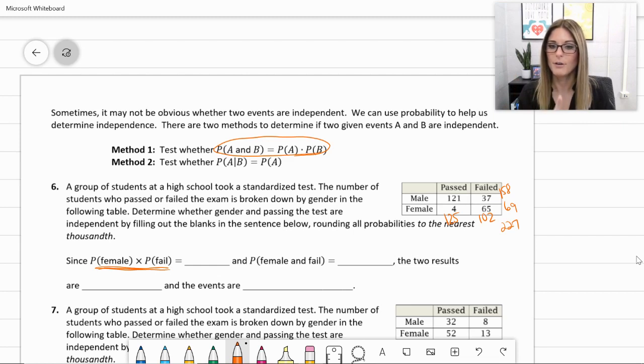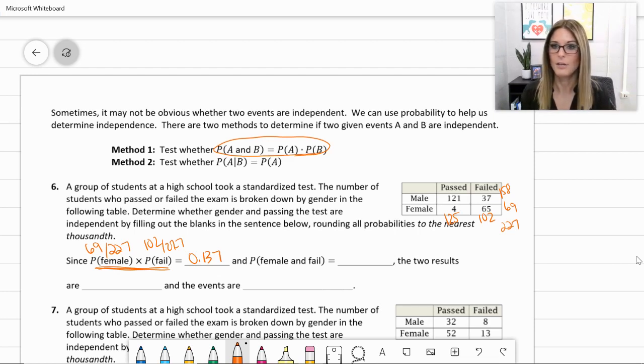So probability of females, there is a total of 69 females out of grand total 227. That's my probability of female. I'm going to multiply it with probability of fail. We had a total fail 102 out of 227. Multiplying those together and rounding to that thousandths place is 0.137.